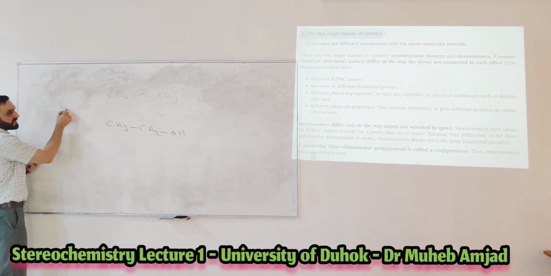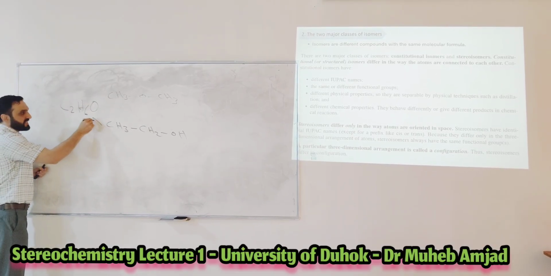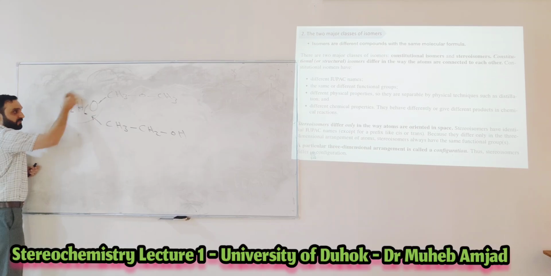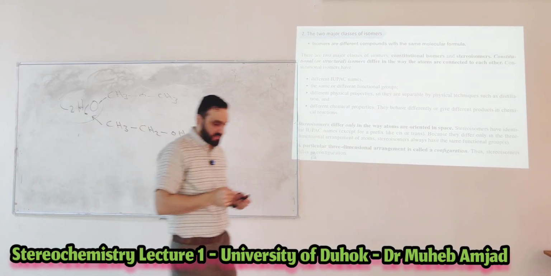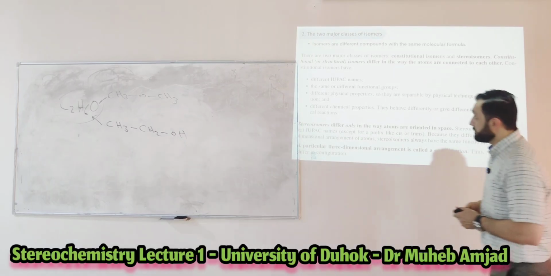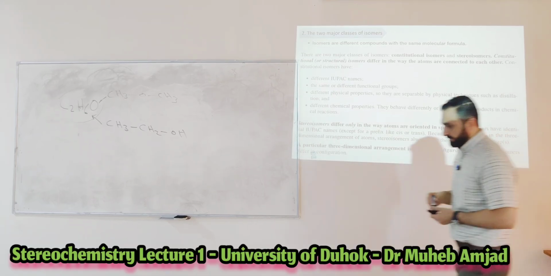C2H6O, and this one is the same. That means same chemical formula but different structure. Now, this is the isomers. Now, we have some isomers like that.